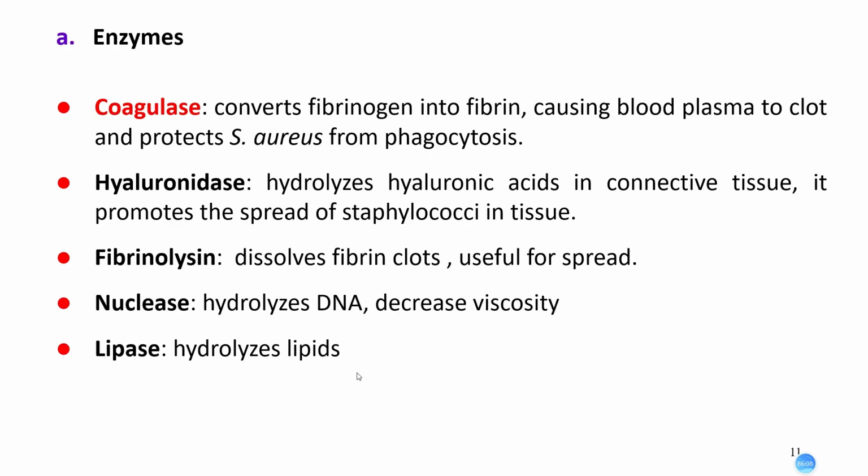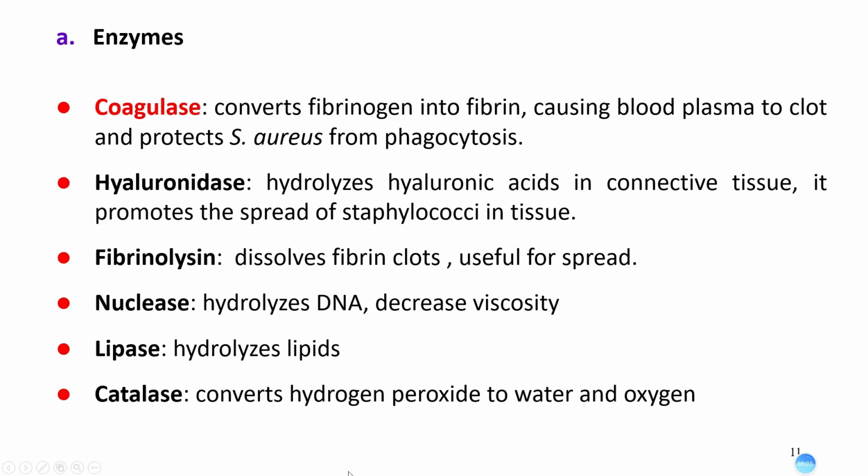So they are able to hydrolyze lipid on the membrane, so they are able to lyse the cell and kill the cell. So if they are able to kill the white blood cell, they can protect themselves. Okay, so that's lipase. And also catalase. So the bacteria convert hydrogen peroxide to water and oxygen to make themselves safe.